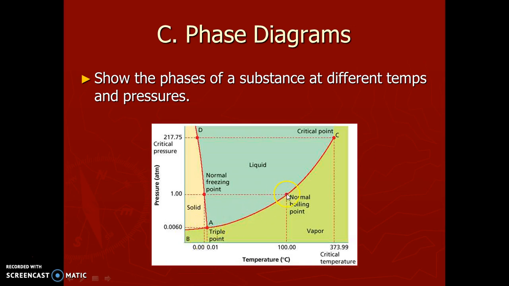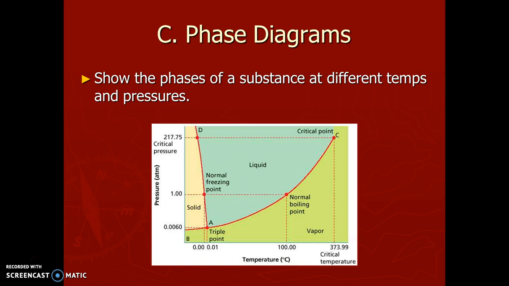And we can also have liquid water that's above the boiling point as long as we increase the pressure. So you can have liquid water that's nearly 400 degrees Celsius, that is 373 degrees Celsius, well over 3.5 times the boiling point, as long as we have an increase in pressure.